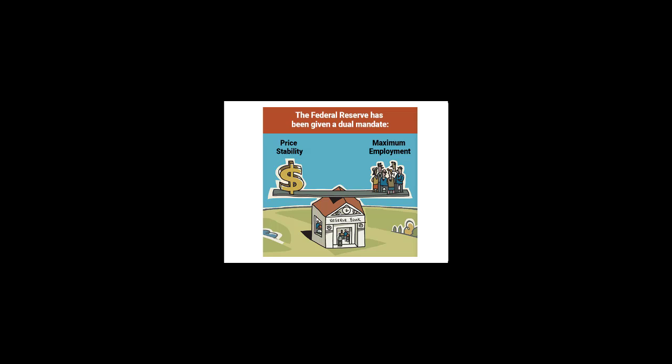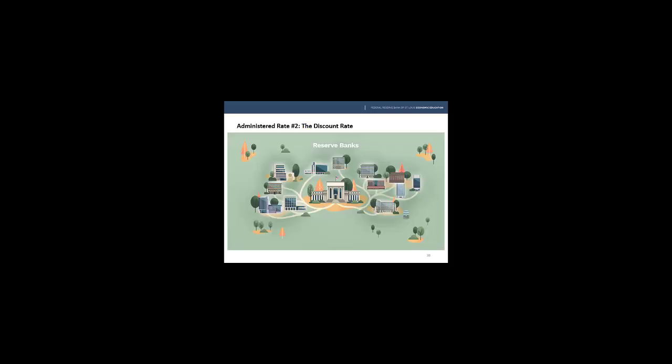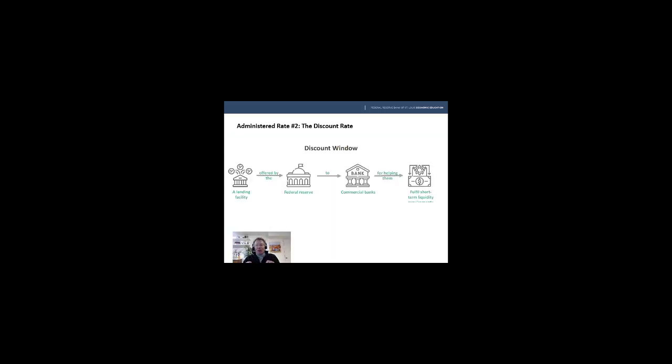So the next tool that helps the central bank accomplish its dual mandate goals is something called the discount rate. The discount rate is one of the administered rates set by the central bank to guide the policy rate. As we talked about before, the central bank serves as a bank for other banks, and banks that need extra funds can always borrow from the central bank at the discount window.